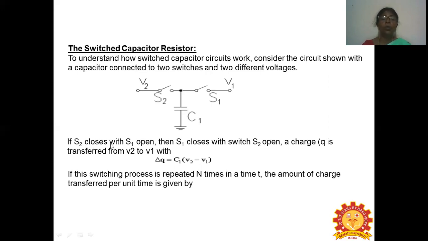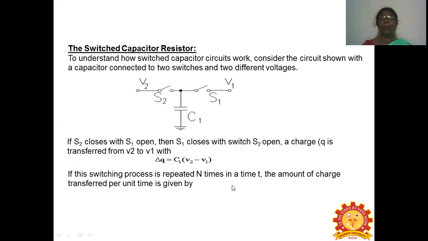If S2 closes with S1 open, and also we can close S1 and open S2, a charge Q is transferred from V2 to V1. That is, delta Q is equal to C1 into (V2 minus V1).